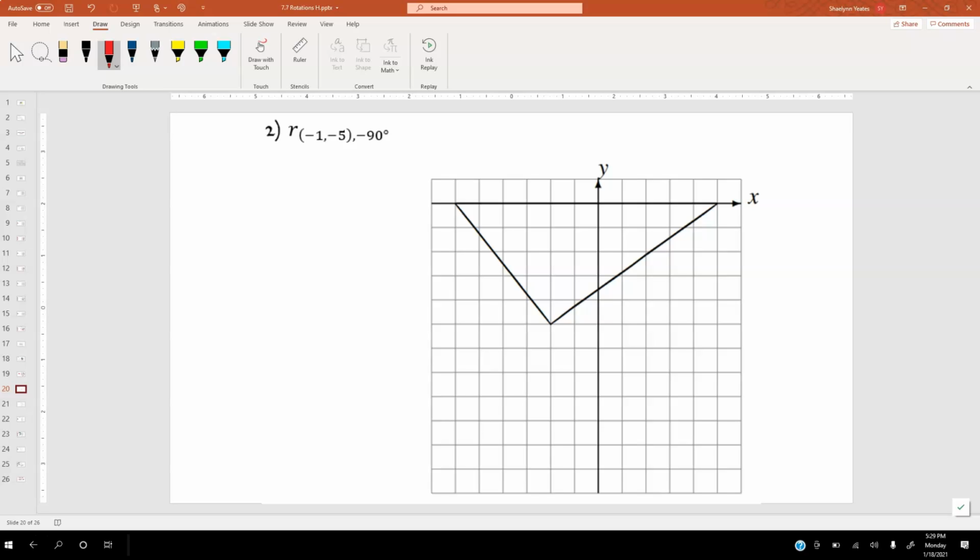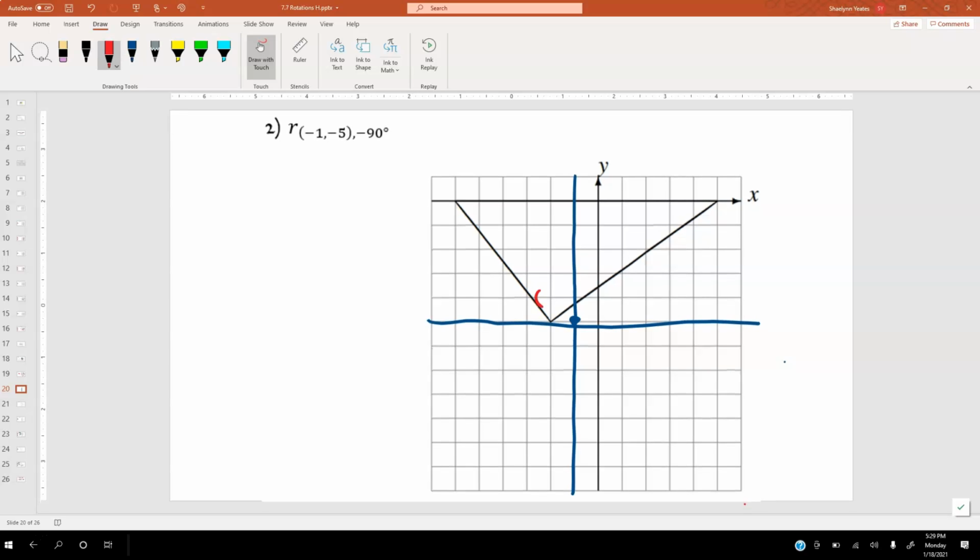So here's our triangle. We're going to rotate about the point (-1, -5). We're going to rotate all of these points. So I'm going to make this my new origin. And I'm going to rewrite these points in reference to that origin. So this is at the point (-1, 0).